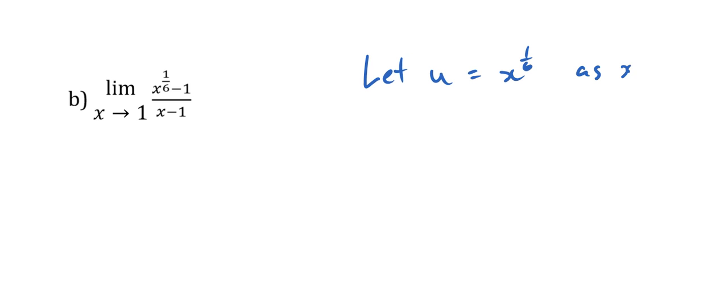As x approaches 1, what will u approach? You just sub in 1 to the 1/6. What is that? Should be an easy one. John, what do you think? It's 1.